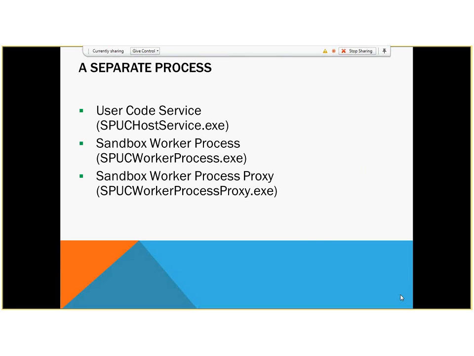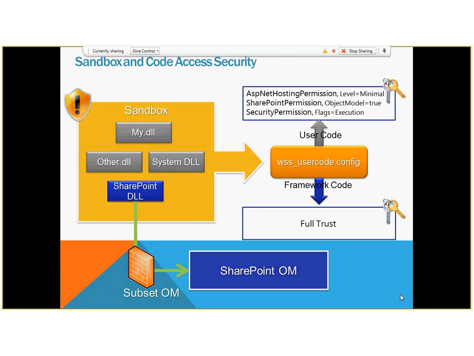So if we want to implement such functionalities, we can create a full trust proxy. Again, we need to create it as a farm solution and register it at the farm solution level. This full trust proxy gets executed within the component called SPUCWorkerProcess.exe. With this briefing, we'll move to the next slide where we discuss how it is executed.